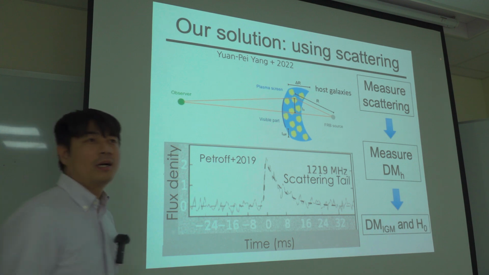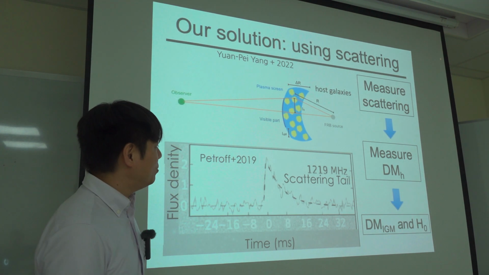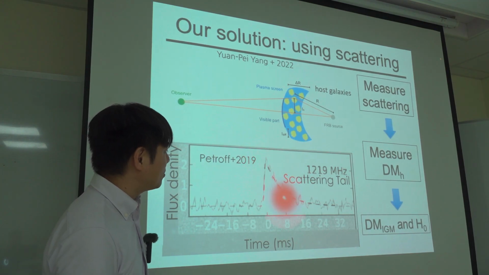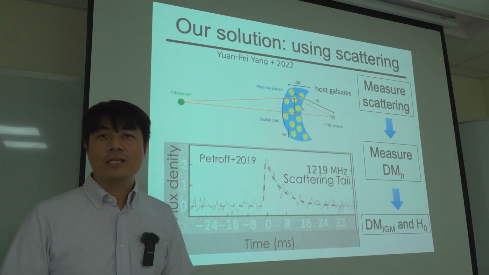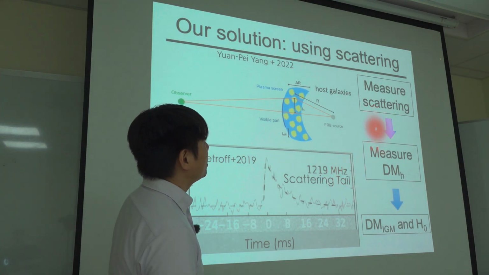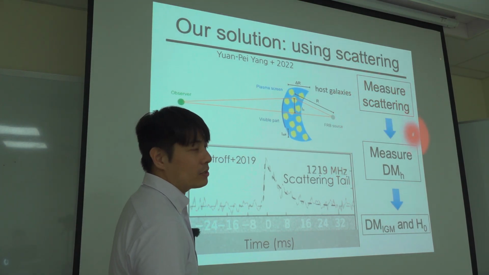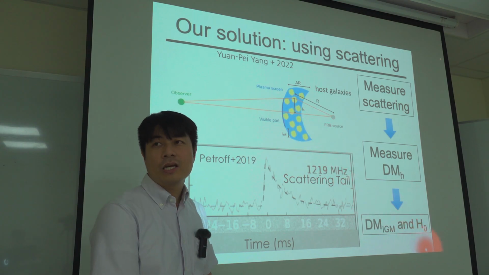So therefore, observationally, by looking at this scattering tail, we can measure how much plasma exists in the host galaxy, because this scattering becomes more significant when you have more plasma here; you have a higher chance to get scattered.